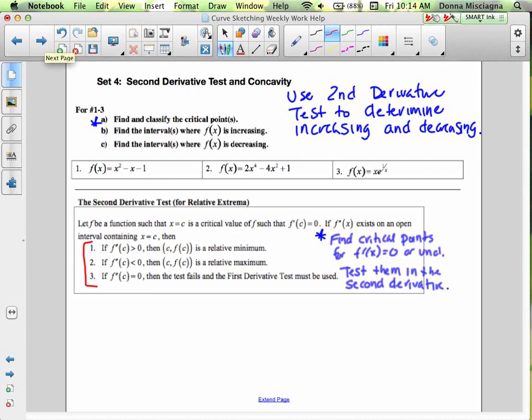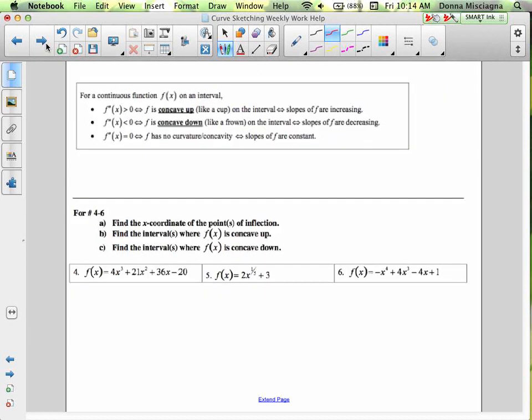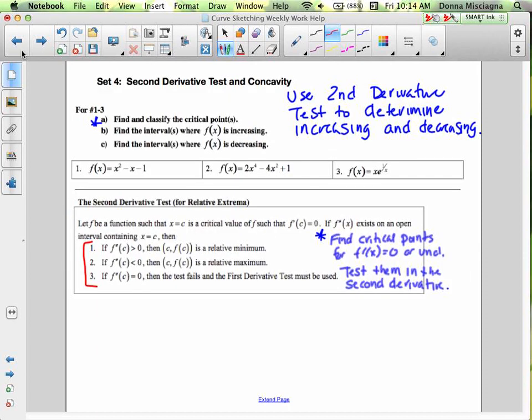Does it tell you to find and classify the critical points? Oh, this one is just increasing, decreasing. Did I put the wrong directions on this one? Well, we don't need the points.